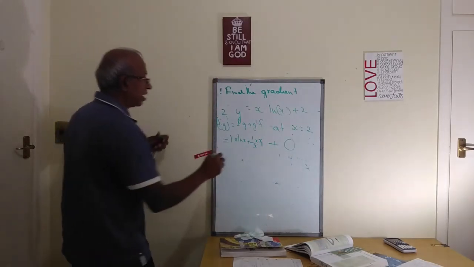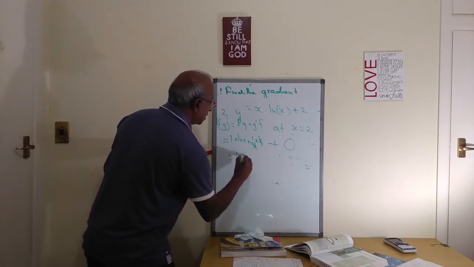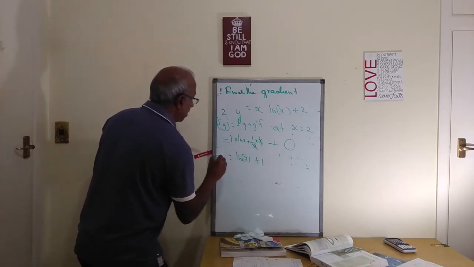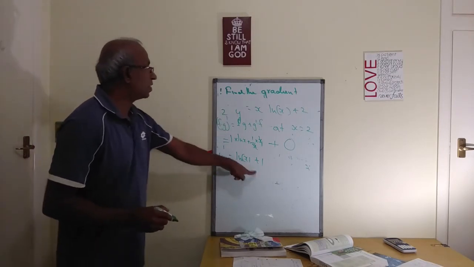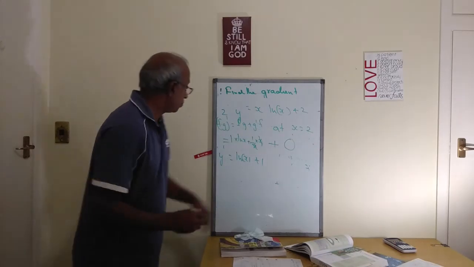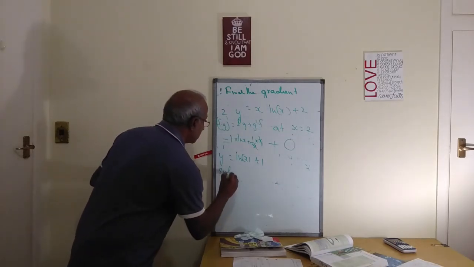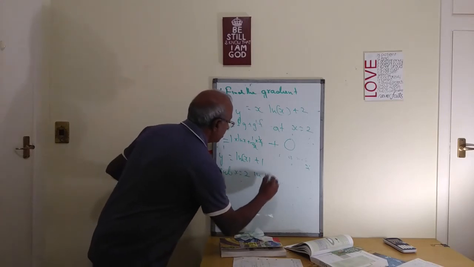Right, let's tidy up. x and x get cancelled. We have ln x plus 1, that is y dash. That means we differentiated and we have ln x plus 1. Now we are going to calculate the gradient at x is equal to 2. Substitute x is equal to 2 in y dash.